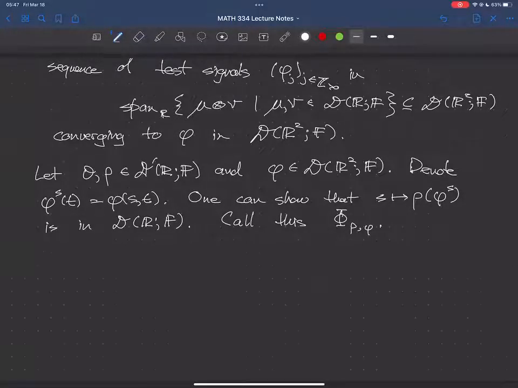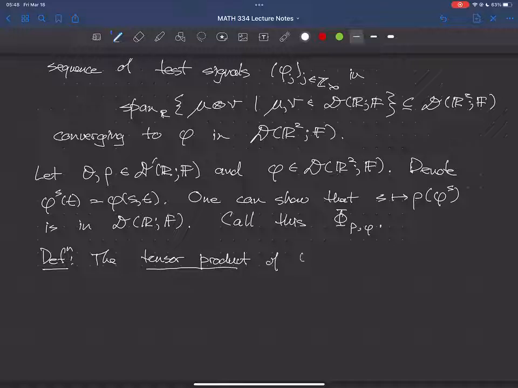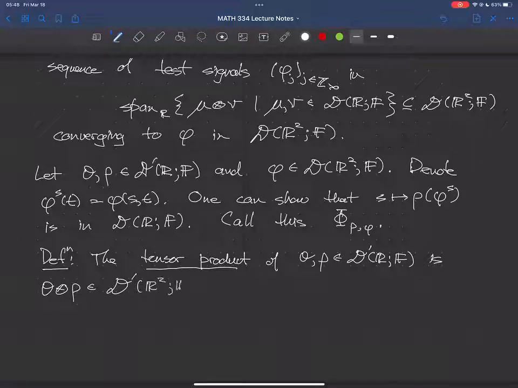Then we can define the tensor product of distributions as follows. The tensor product of theta and rho is theta tensor rho. This is going to be what I asked for, a distribution in two variables.